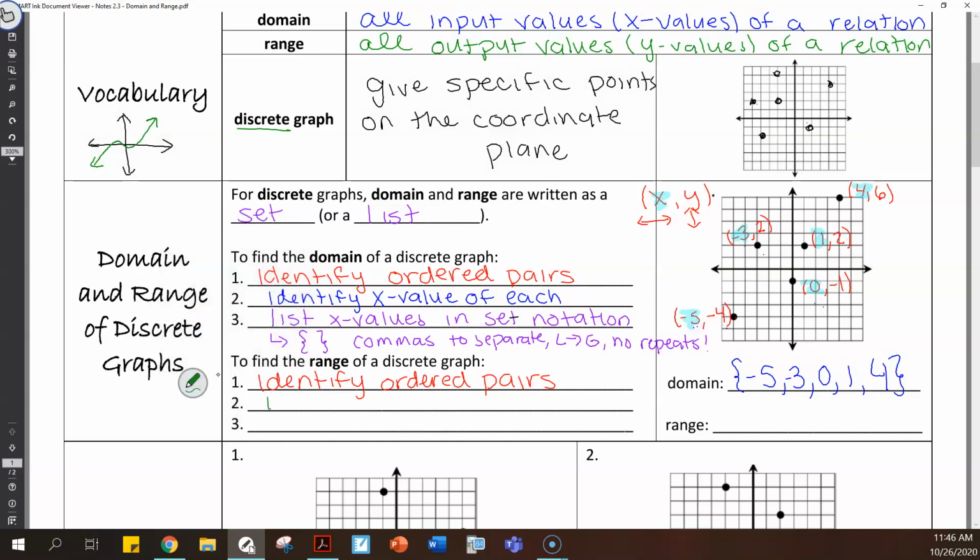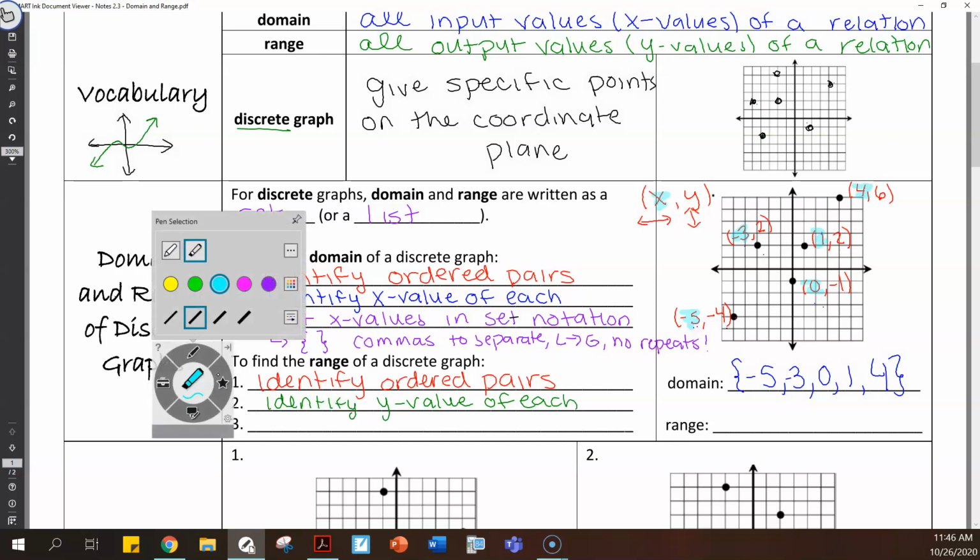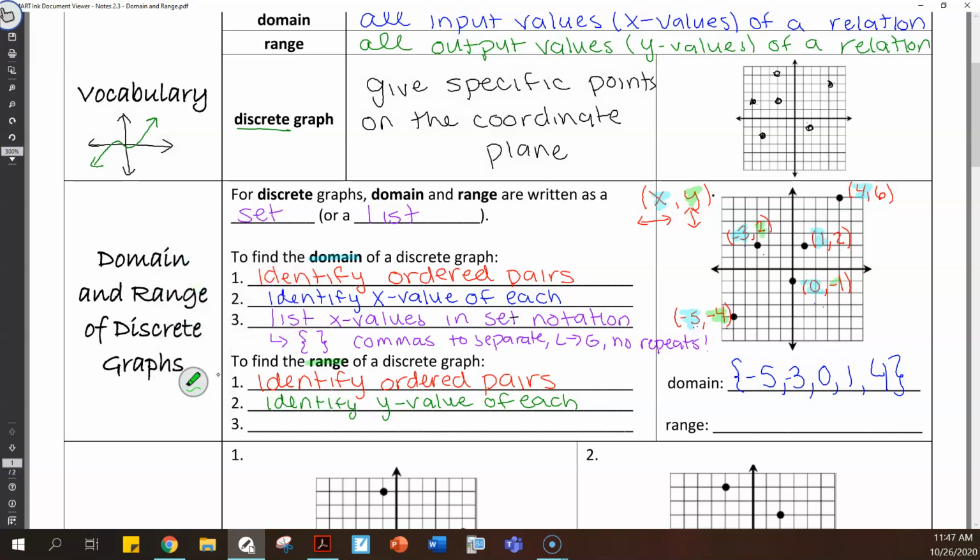Then I'm going to identify the y values because I'm looking for the range. Remember, the domain tells me I want to look at the x values. The range, on the other hand, tells me I want to look at the y values. So this time I'm going to look at all my y values. I have -4. Remember, it's the second number in your ordered pair. I've got -4, 2, -1, 2, and 6.